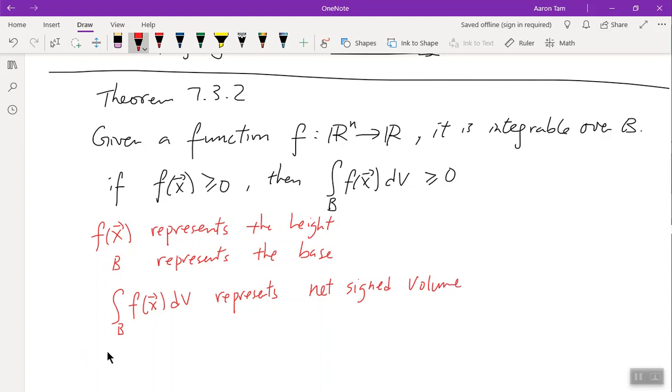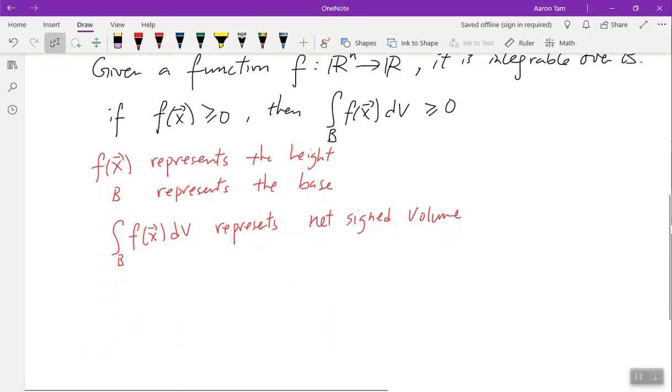But if f of vector x is greater than 0, that means we always have a positive height, because remember, the function f of vector x represents height. Then what we form will always be a positive volume, because the base area has to be positive. The tricky part to understand is that no matter what B represents, in this integration B represents the region, the base, and when you calculate this integration, you're multiplying the base area by the function f, which represents height.